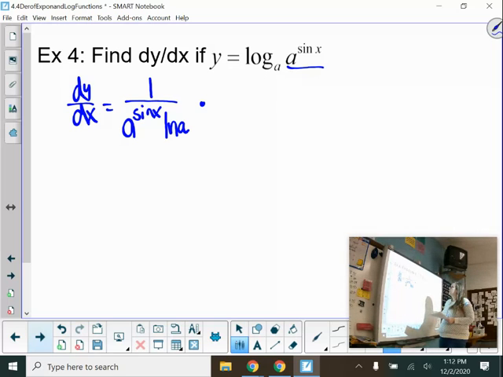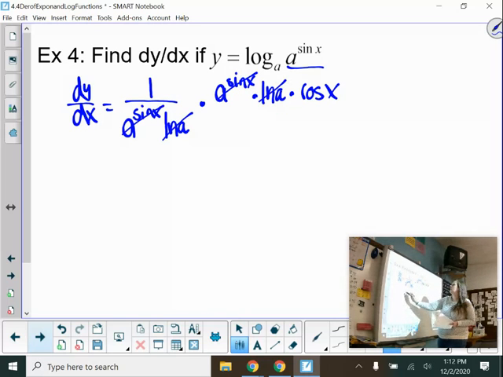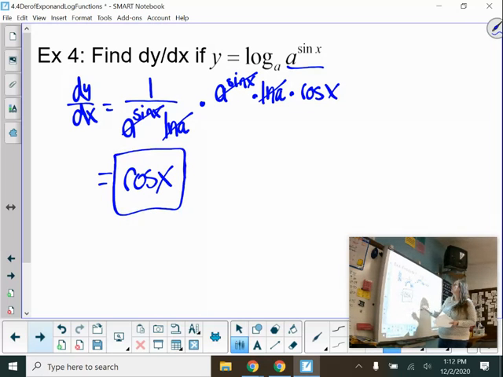So the derivative of an exponential, I repeat what I have, times the natural log of the base, times the derivative of the exponent, which is going to be cosine of x. If we go through and look at this, we have a to the sine x over a to the sine x, natural log a over natural log a, and all that I'm left with is cosine of x. So the derivative of this complicated looking logarithm is merely cosine of x.